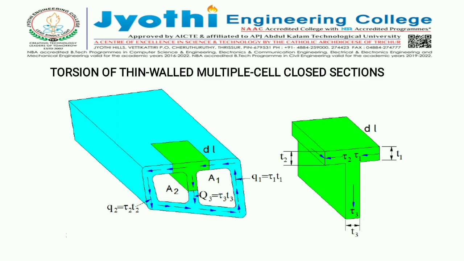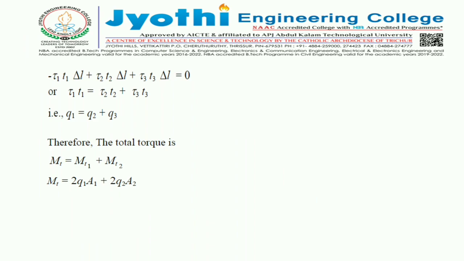Considering equilibrium of forces at the junction, shown in green color, we get minus tau1 t1 delta L plus tau2 t2 delta L plus tau3 t3 delta L equal to 0. Dividing throughout by delta L, we get tau1 t1 is equal to tau2 t2 plus tau3 t3. That is, q1 is equal to q2 plus q3.